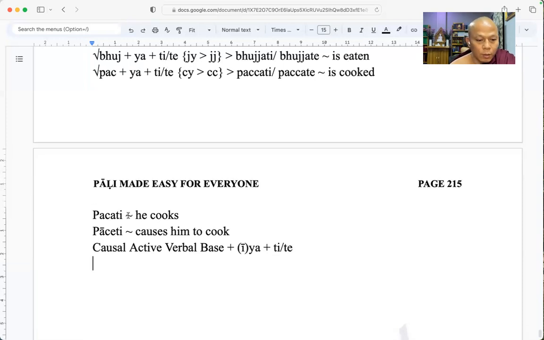Here pāce is the causal active vowel base.